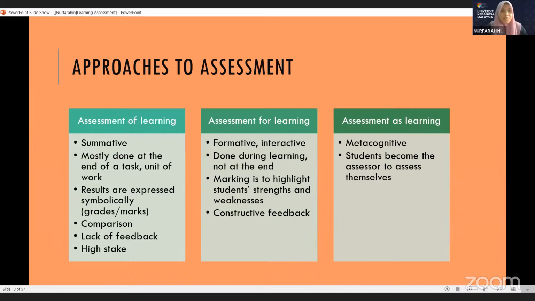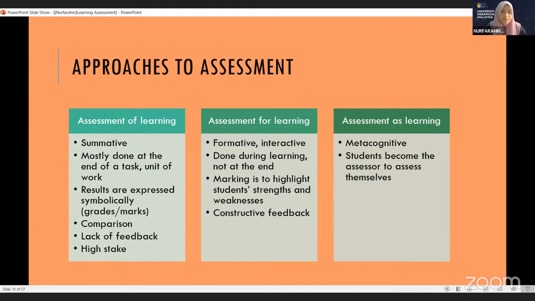Assessment for learning is the point where teachers begin to adopt back the original meaning of assessment, the one we looked at in an earlier slide, where the teacher sits side by side with the students. Instead of doing the assessment at the end of the learning, the assessment is done during the learning, in the middle of the learning. Okay, not at the end.